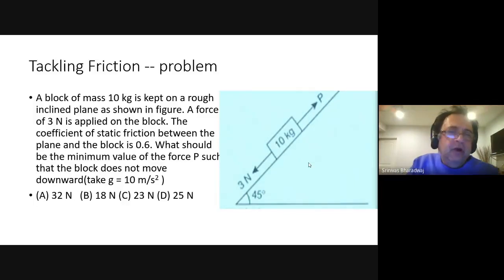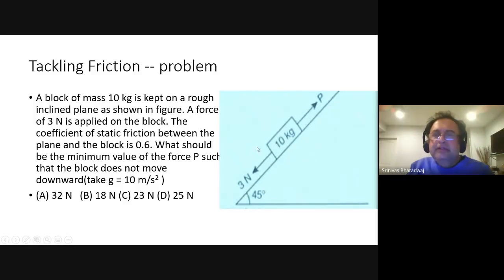The other 70 down is the component of the weight. So 73 is down, and in the upward direction, you have another 42. Where did the 42 come from? 0.6 times 70 is 42. Mu s times N is the frictional force.